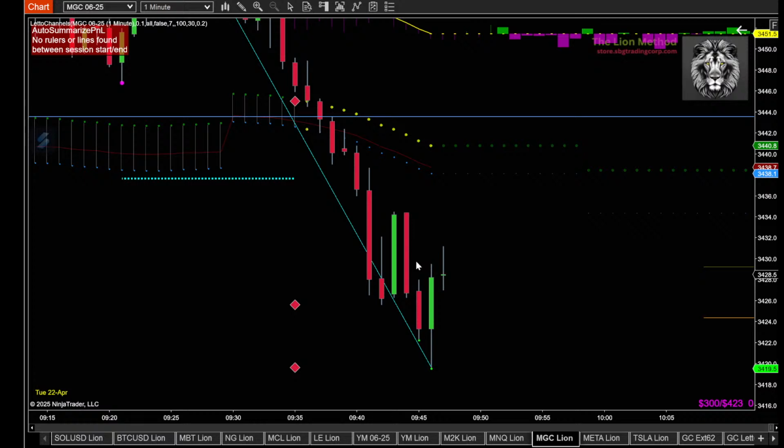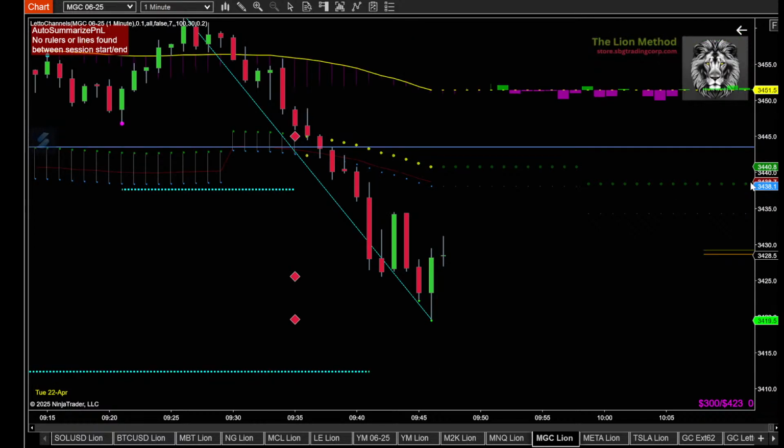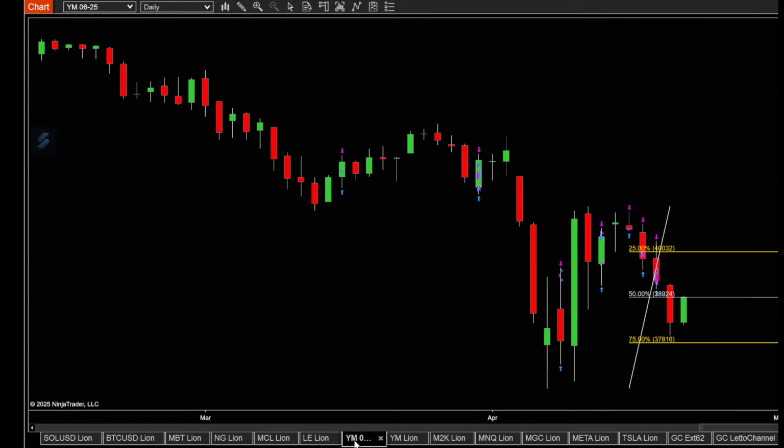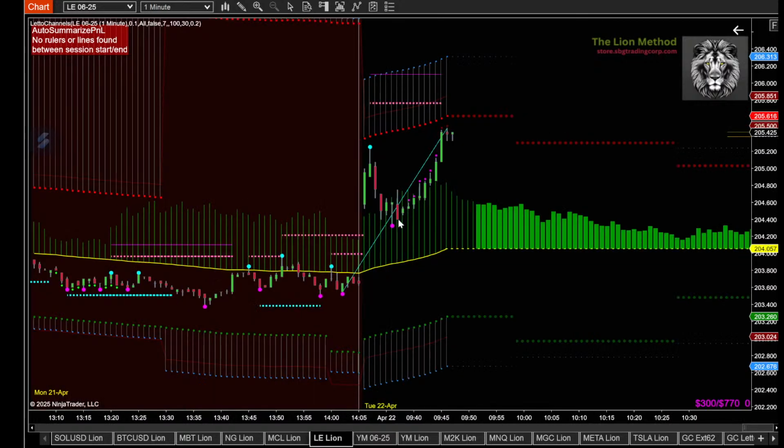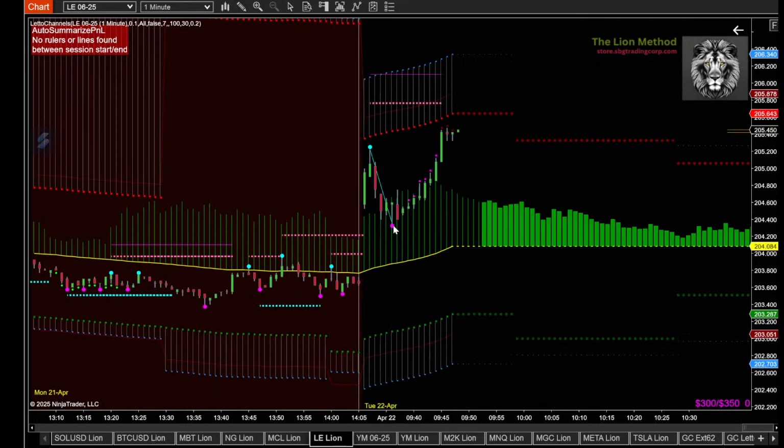Take off that fib. We don't need it anymore. YM has come back to the 50 line. We have another move up in live cattle. Getting close to overbought.